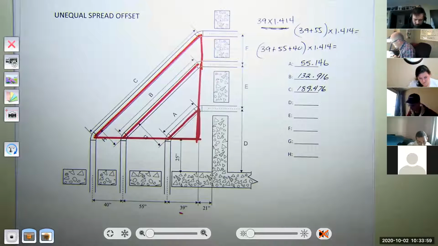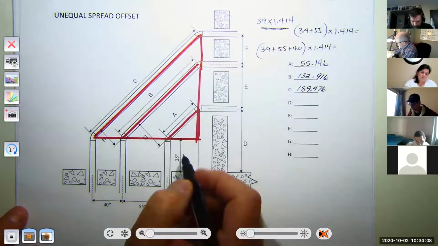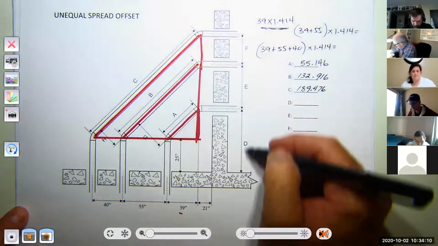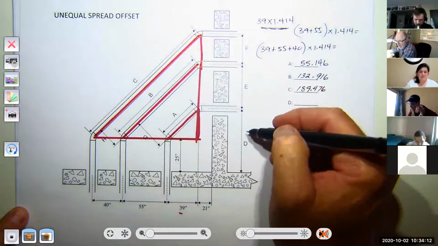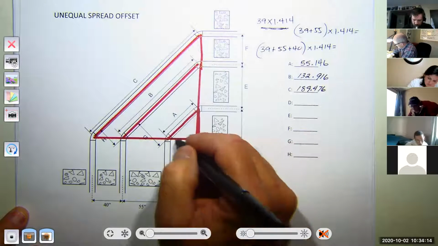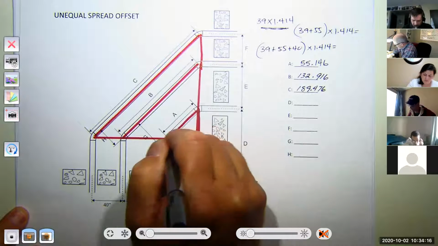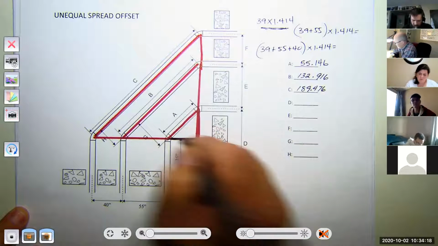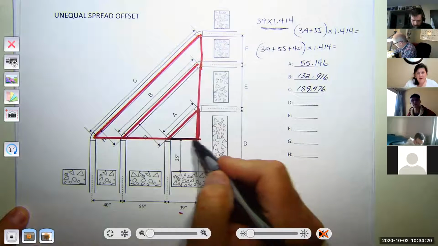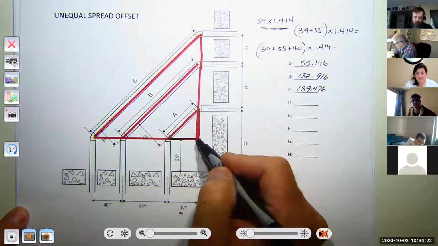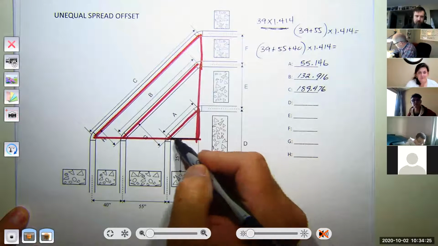Okay, so now we're going to try and solve for D. For D, this is right here over on this side. Now, do I know this measurement here? Right here. Does everybody see that black line? Does everybody know what that measurement is? 39.